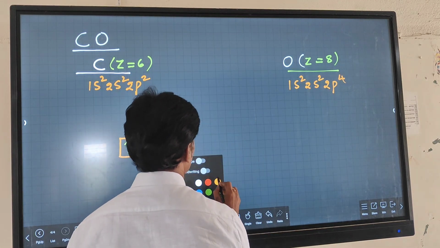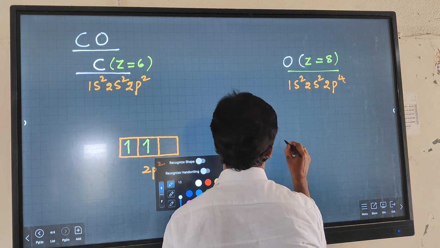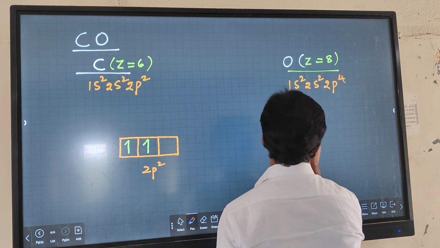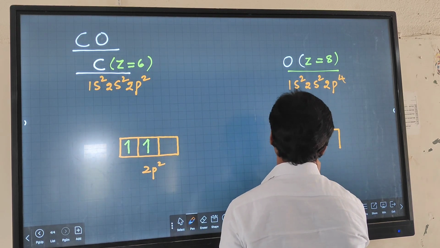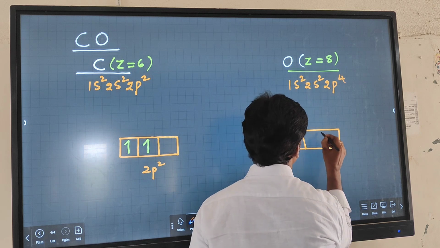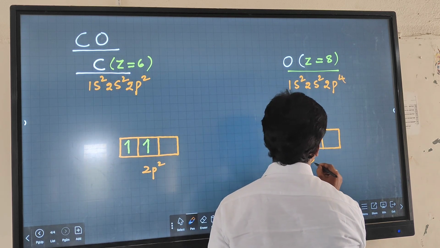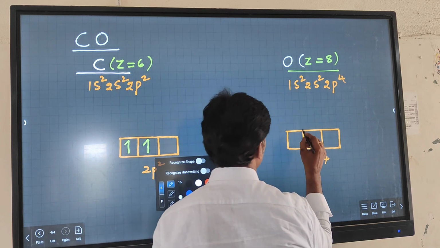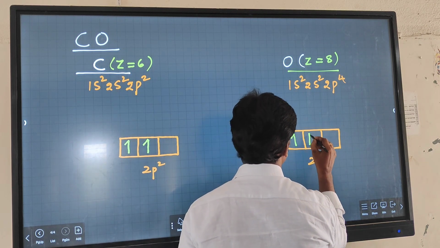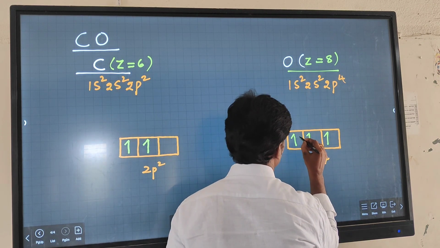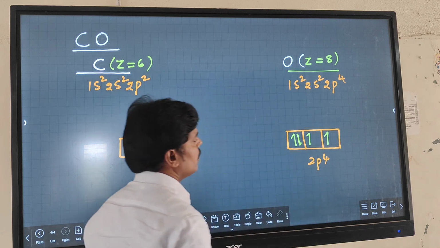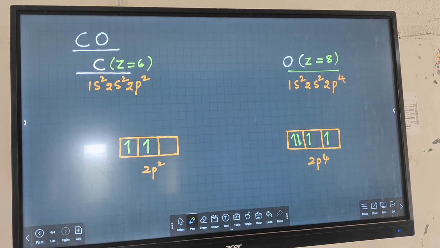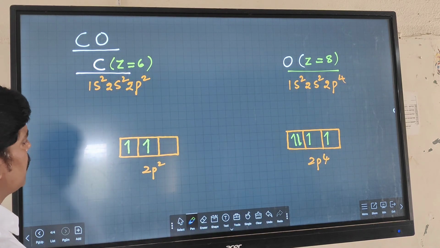Similarly, the p orbitals of oxygen, so 3 p orbitals, 2p4. According to Hund's rule, I distributed these 4 electrons one by one first, then I pair the electrons in the first orbital. These are atomic orbitals.